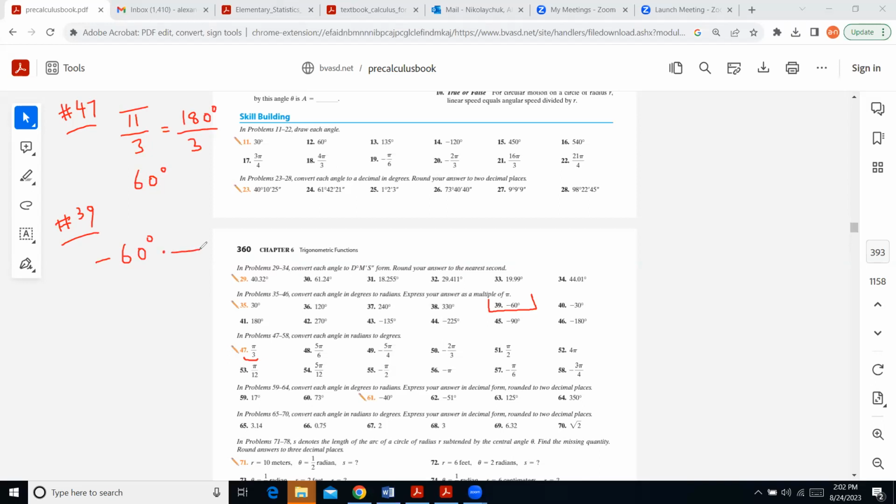Then you multiply it by pi over 180. So this is the way to do it, and when you multiply it by pi over 180, you're going to return back to pi over 3, right? But with a negative sign in front. So this is going to be minus pi divided by 3.